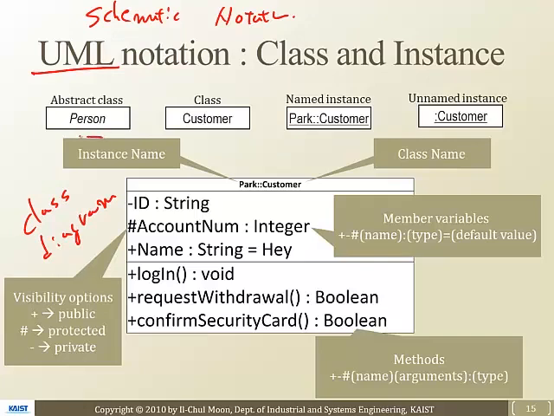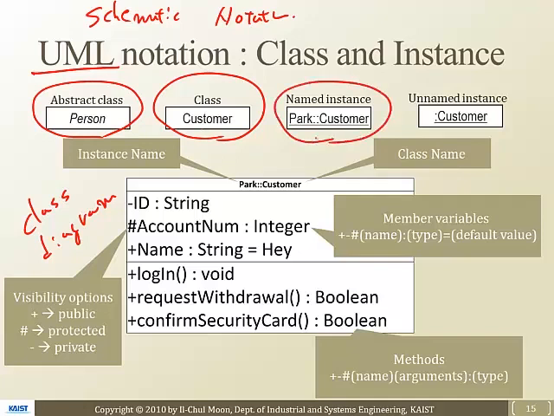There might be an abstract class, which we are going to discuss later. And we have a simple class, which is a schematic, and there is a named instance. We now know the instantiation, right? The instantiated class object is called park.